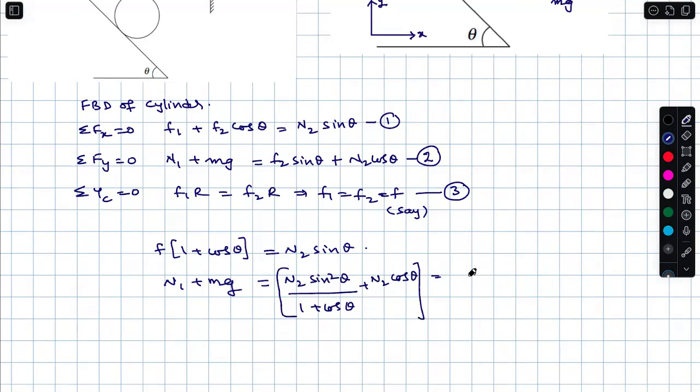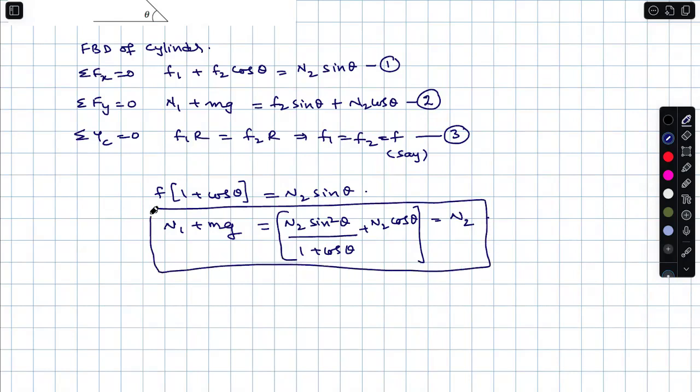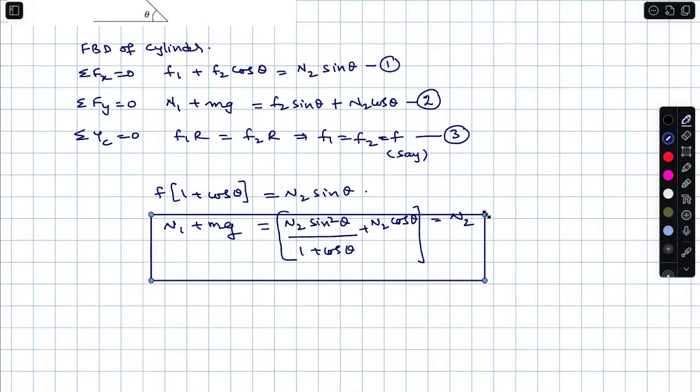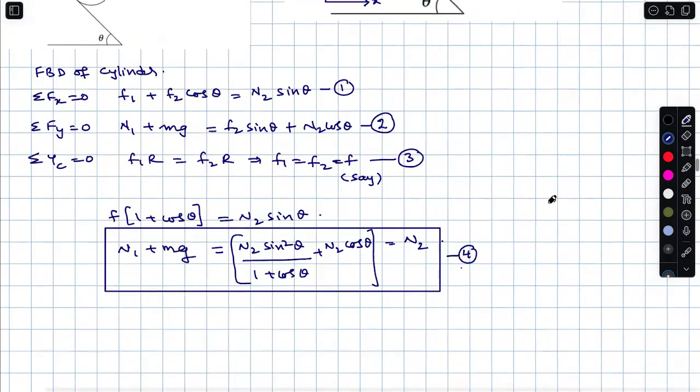This will become N2 straight away. So I got one relation, N1 plus Mg is N2. This is an outstanding equation, undoubtedly an outstanding equation. Equation 4. Now this is all for the cylinder.